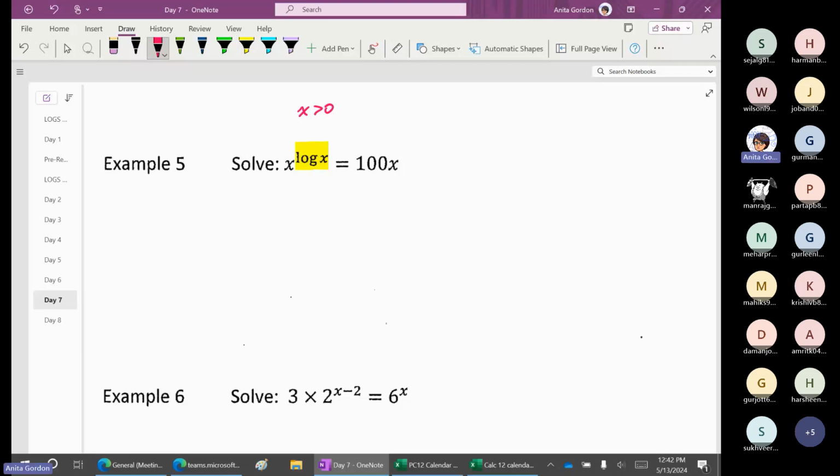I don't like this. I don't want any exponents. I'm trying to simplify as much as I can. So I'm going to change this to a logarithm by doing a base x log of the other side. So this will be log base x of 100x. And on the other side, I'm left with log x.